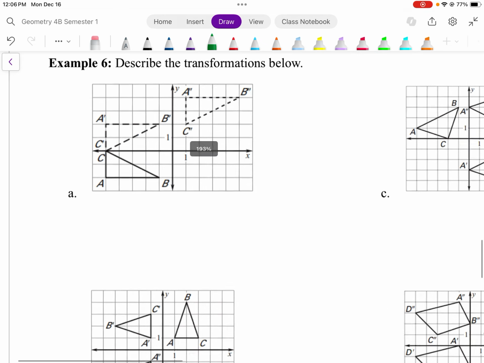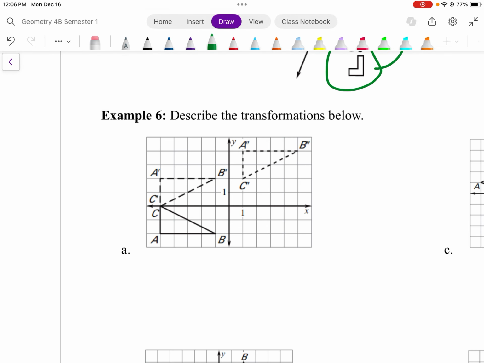The last thing that we are going to need to know how to do for this chapter is writing or describing transformations. So if we look at A, we started at this triangle in the bottom left corner, and we ended up first with this image ABC prime. So this one, when your shape is flipped over, that is a reflection.